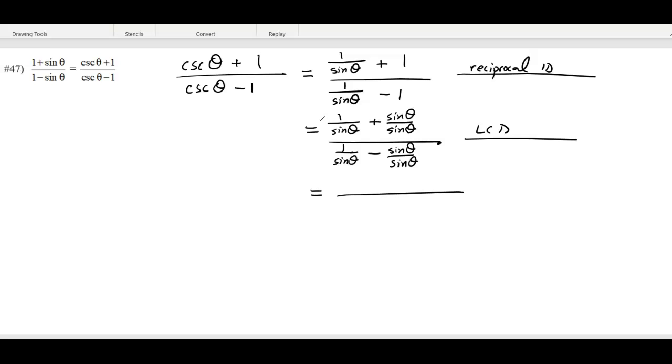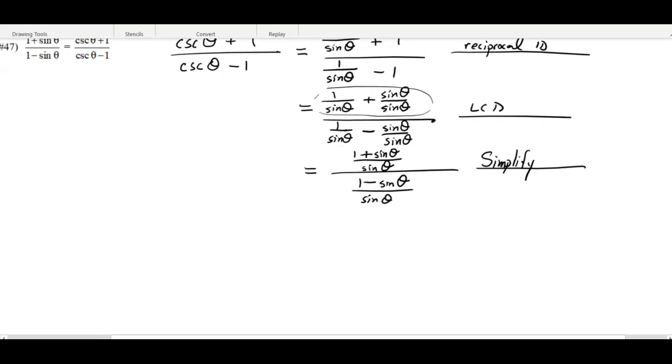So the numerator becomes 1 plus sine of theta over my sine of theta. The denominator becomes 1 minus sine of theta over sine of theta. All I did was simplify.